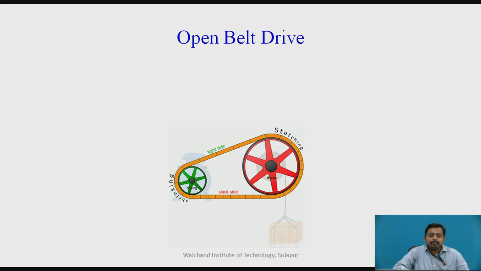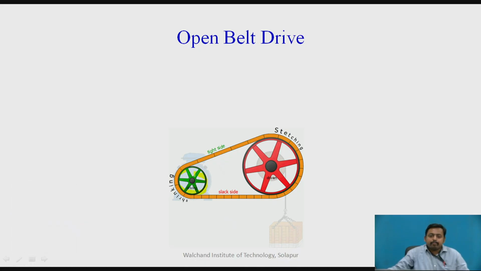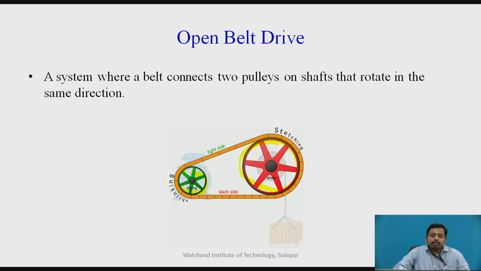As you can see, this is pulley 1 and this is pulley 2. This is called the driving pulley and this is called the driven pulley, and these two pulleys are connected by a belt, and the direction of rotation of these two pulleys is the same.